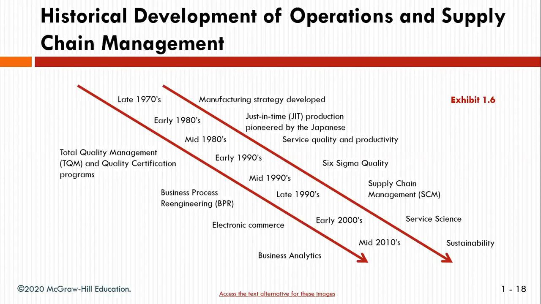So we will be talking about probably just in time, the Japanese way of starting this thing, total quality management, and we will talk about service quality and production, what's the Six Sigma qualities and business process. And you see each one has developed in certain years.